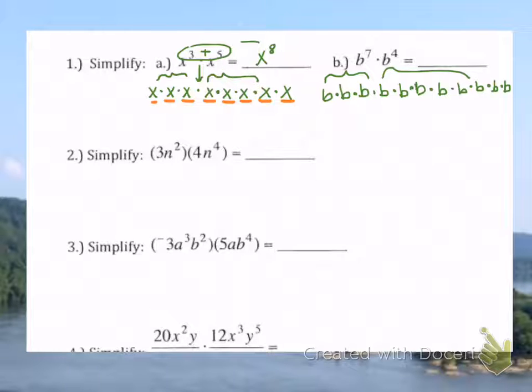And so if we look at what that is and then we shorten it up, we have 1, 2, 3, 4, 5, 6, 7, 8, 9, 10, 11 factors of b, or b to the 11th. So again, the shortcut or following the rule, you're just adding the exponents when you have the same base.